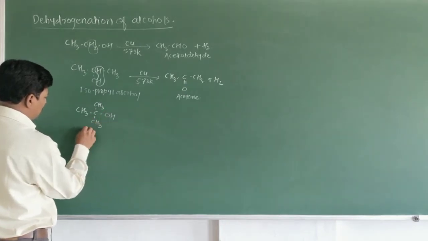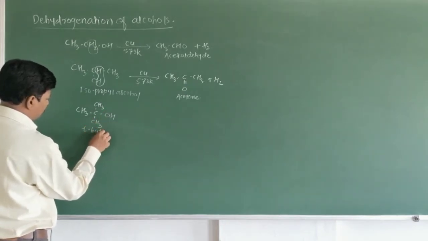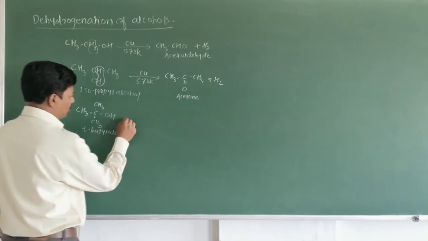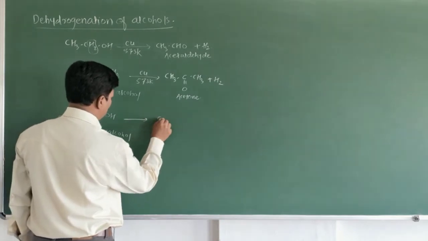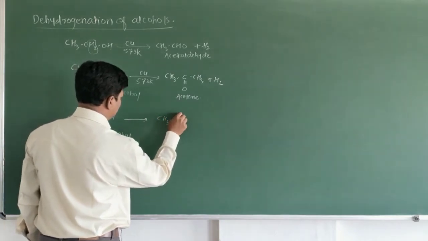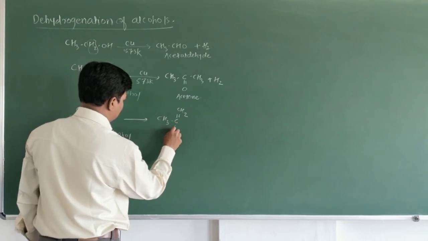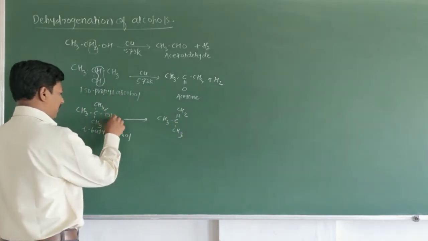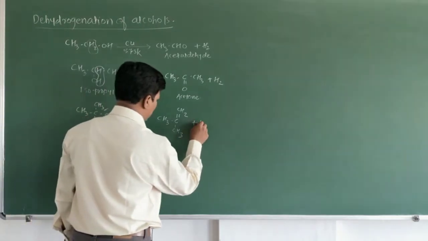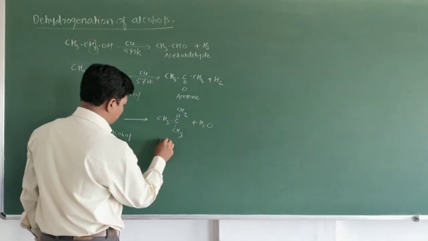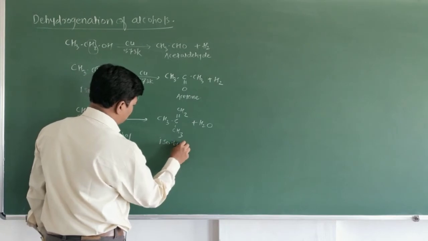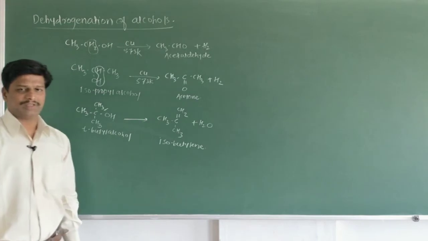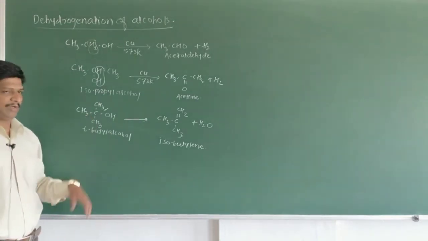Now this should be tertiary butyl alcohol, and this tertiary butyl alcohol undergoes dehydration to form CH3 C double bond CH2 CH3, from this CH3 one hydrogen atom and this OH forming the H2O molecule, and it is nothing but isobutylene. So in the previous period we have seen that in tertiary alcohols there is an absence of the alpha hydrogen atom.